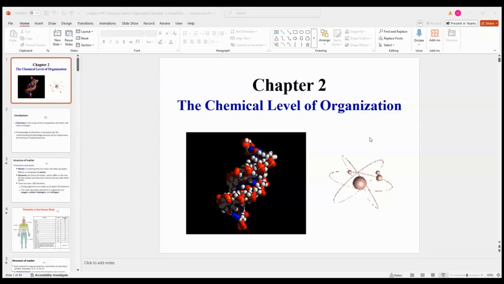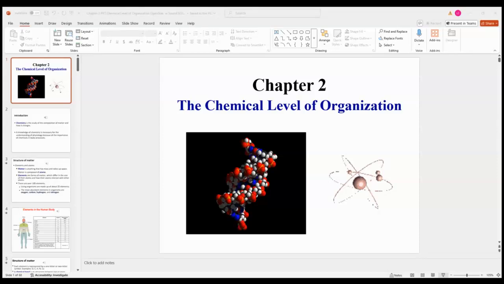Okay, so here's another atom diagram. It tells us it's got 11 protons, 12 neutrons. The plus sign means positive charge, 0 means no electric charge. These are electrons with a negative sign.